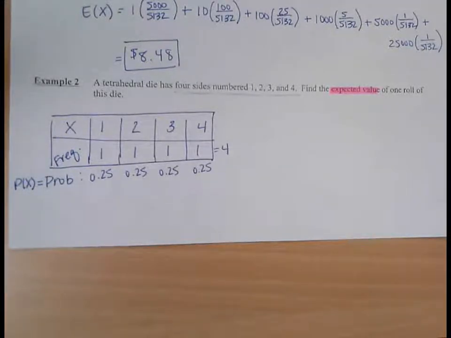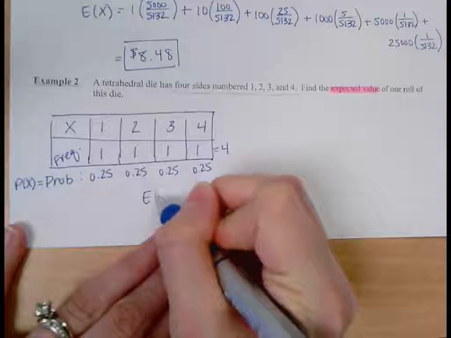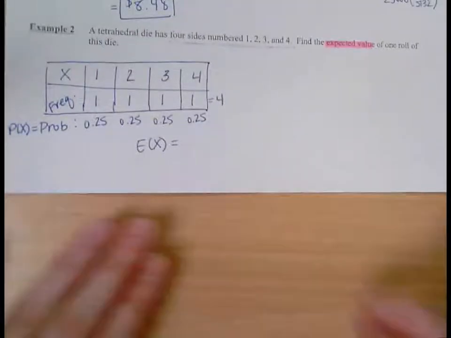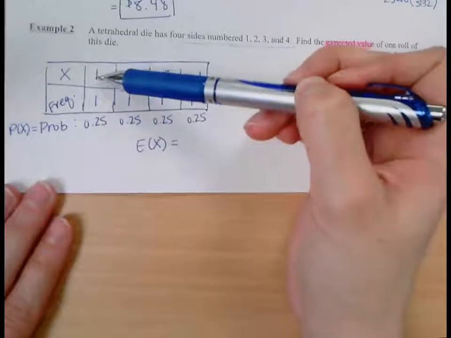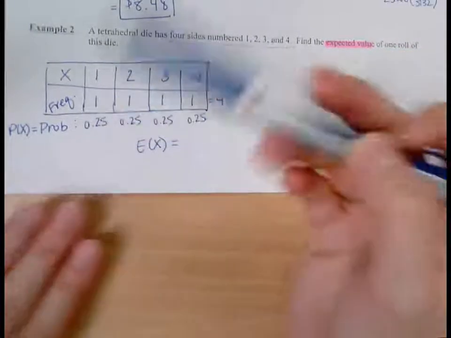Normally, if you have a problem that deals with die or dice and it's not a fair die, they will actually give you the frequencies already. So then from here, if we were to calculate the expected value of a roll, so we're calculating E of X. Again, we take each value and multiply it by its probability.